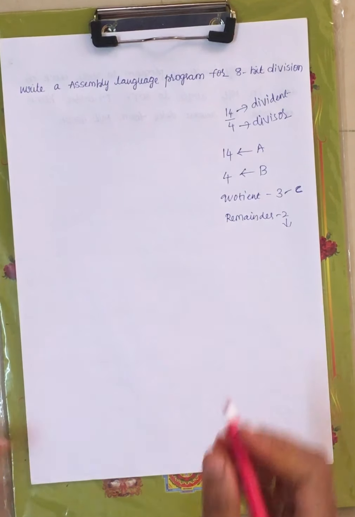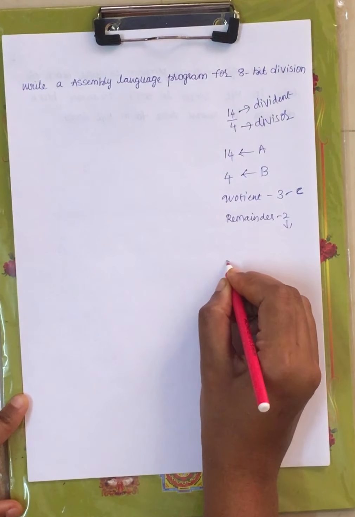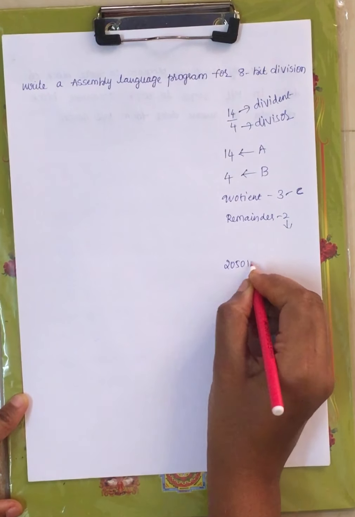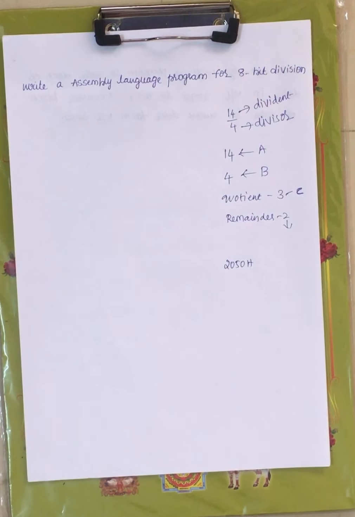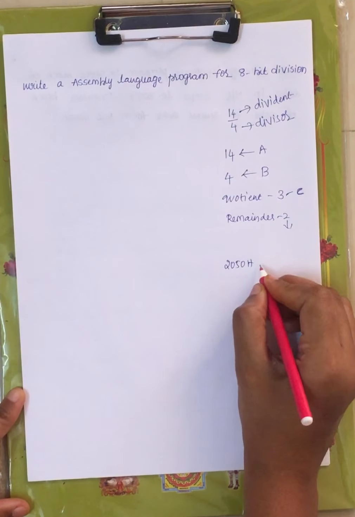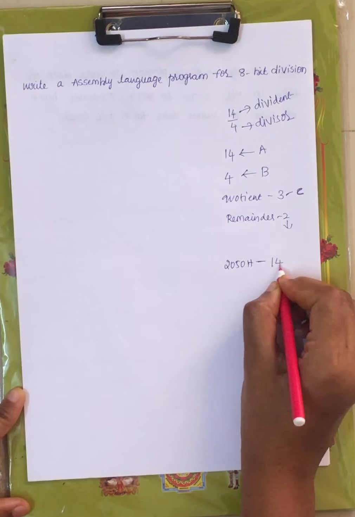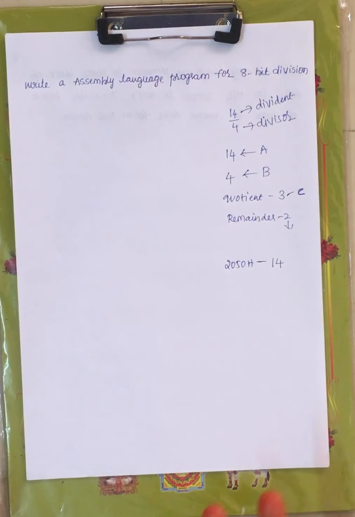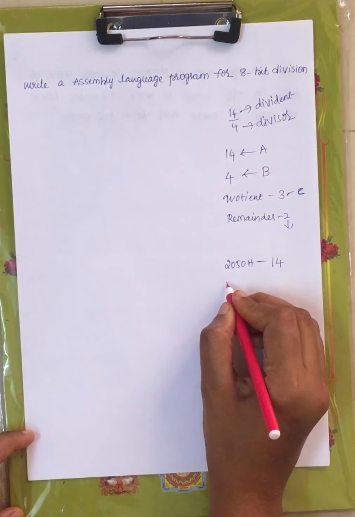Now let us assume memory location 2050H. 2050H is your memory location, and this memory location is storing the dividend. We have to acquire that dividend from memory location 2050H, and it has to get stored into register A. First we have to take the dividend from the memory location and store it to A. What is the next memory location?